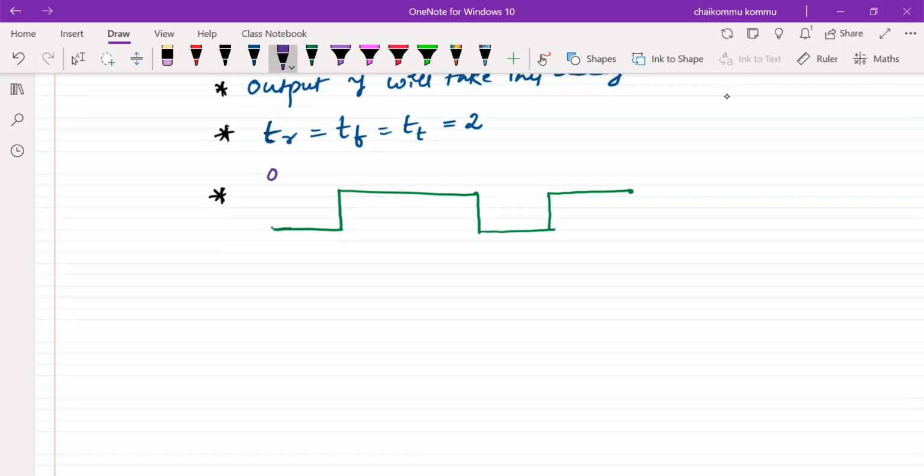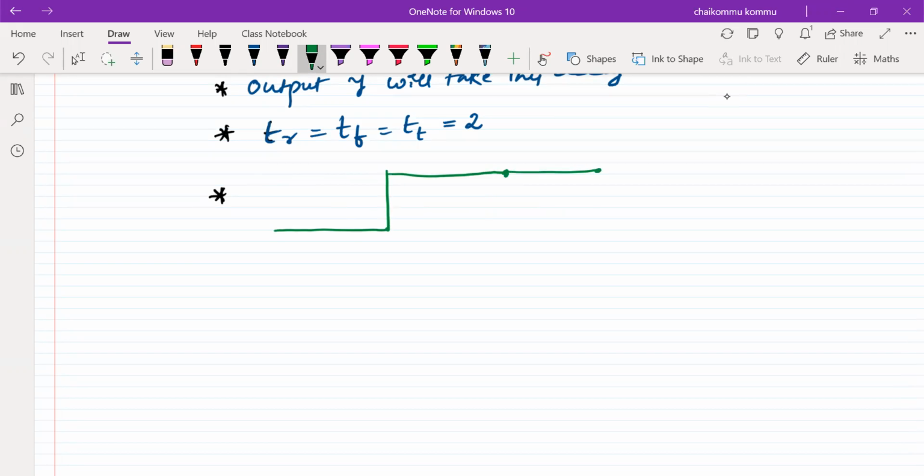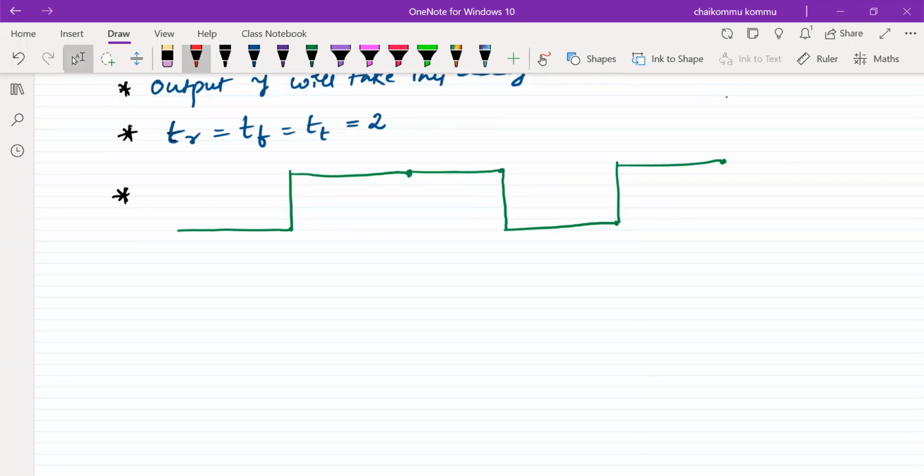For example, 0 timing units, 5 timing units, 10 timing units. I want to take a bigger one. So this is the thing. I'm considering that this is 0, this is 5, 10 timing units, 15 timing units, 20, 25.